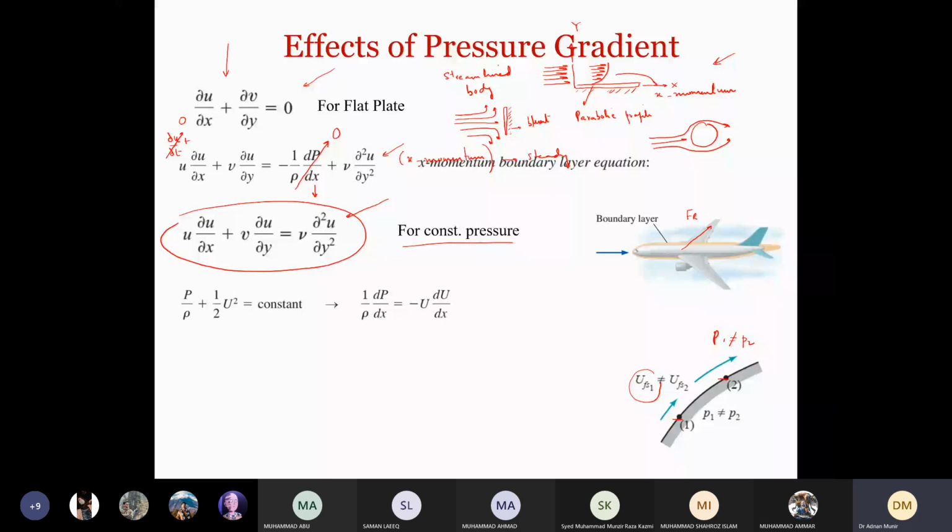So now we know from Bernoulli's equation that P over rho, this is the pressure term, plus kinetic energy, half U squared, is equal to a constant, right?